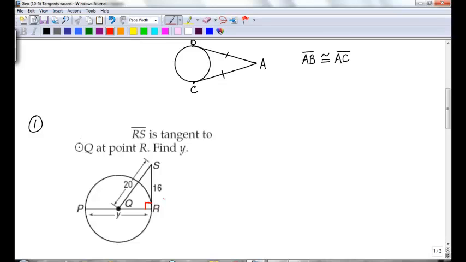I know this whole length, SR, is 16, and I know the hypotenuse is 20, and I know the whole thing across is y. So what is the radius? Half of y. So I know this is 1/2 y. Okay, so Pythagorean theorem: (1/2 y) squared plus 16 squared equals the hypotenuse squared.